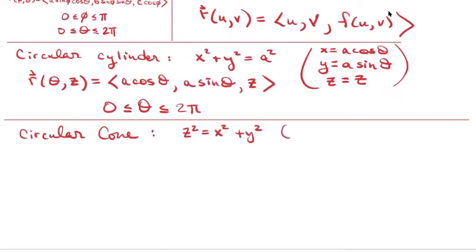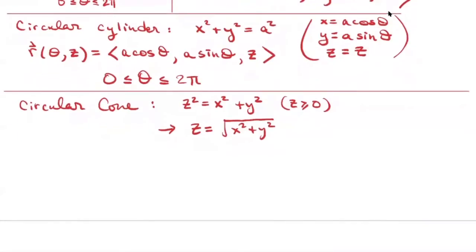And if I stipulate that z is greater than or equal to 0, then I could say that z is just the square root of x squared plus y squared. Okay, any questions? That's just a function of x and y.